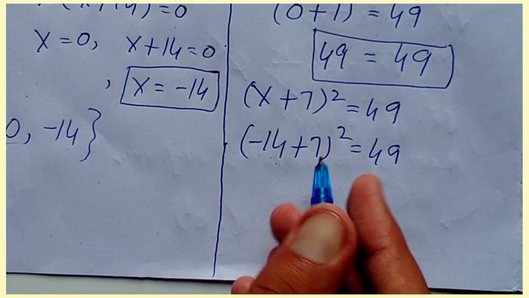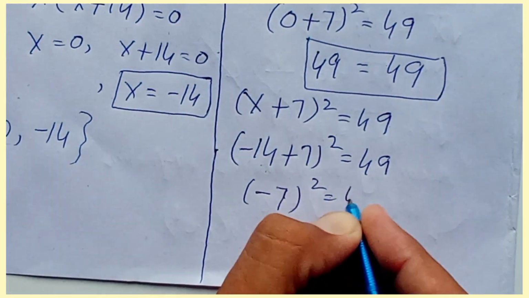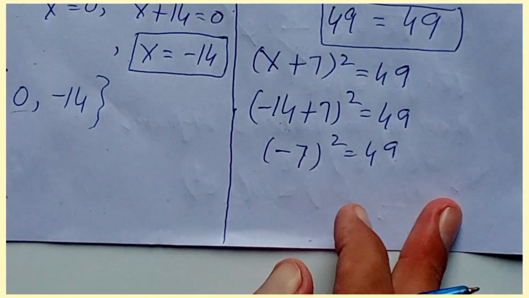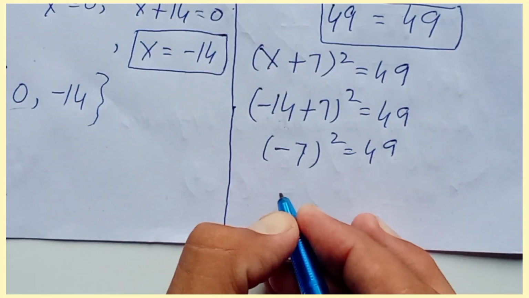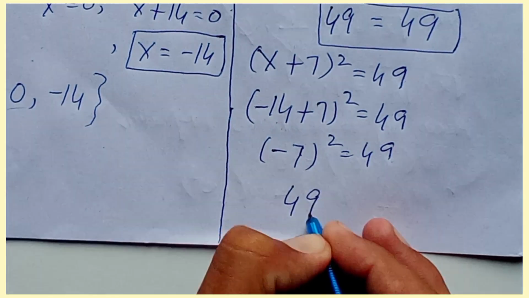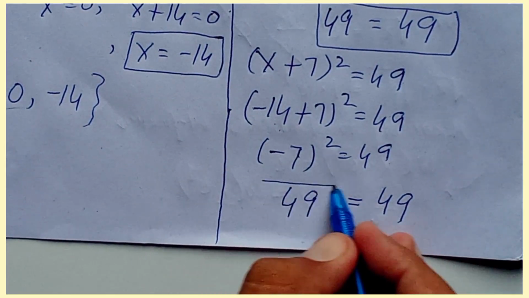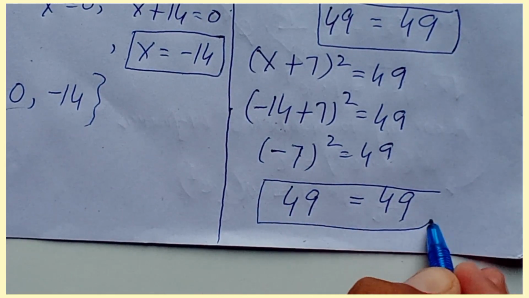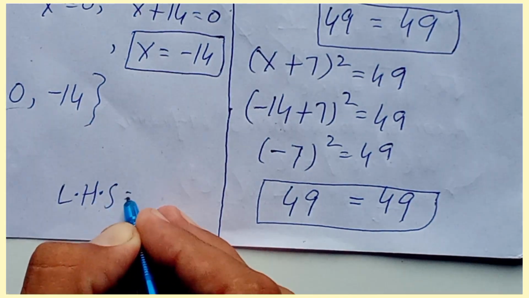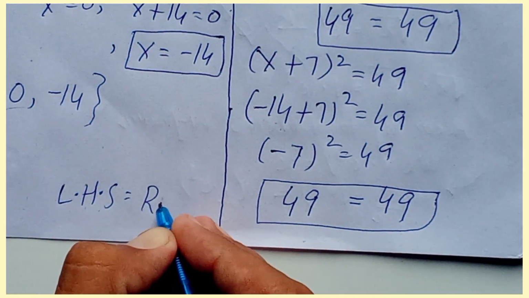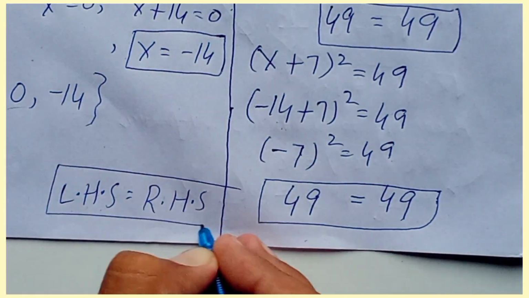Here minus 14 plus 7 is equal to minus 7, and (minus 7) to the whole square is 49, so 49 is equal to 49. It means that LHS is equal to RHS. So the values of x, which are 0 and minus 14, both are correct.